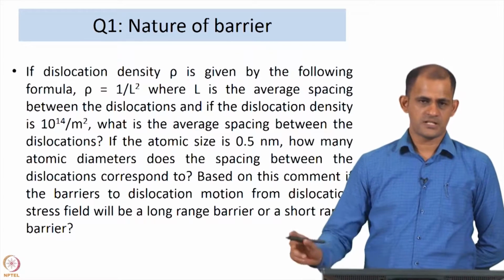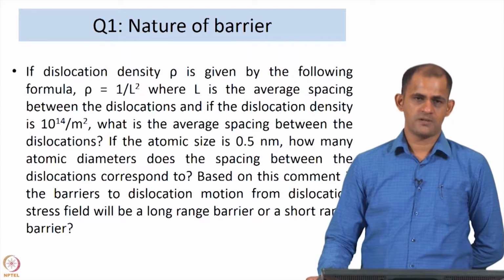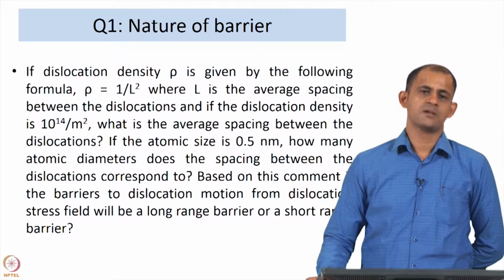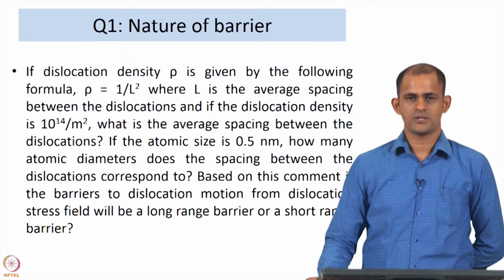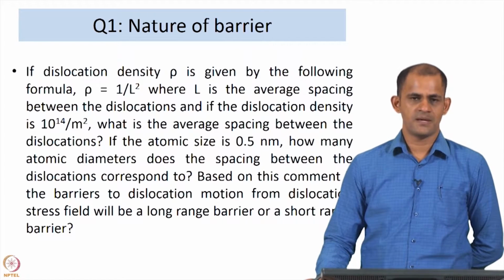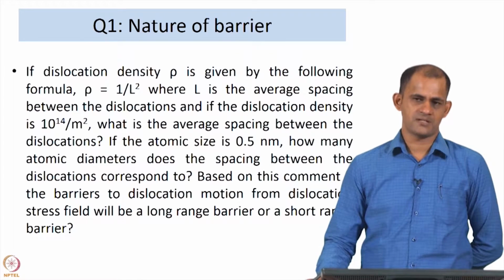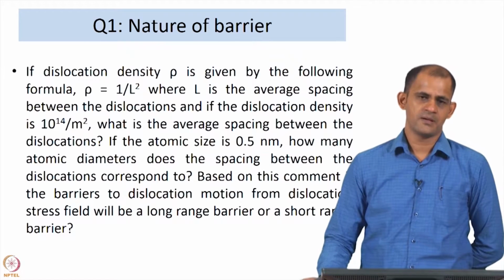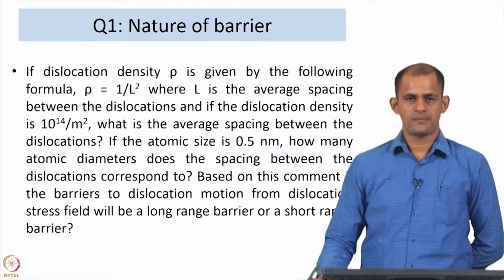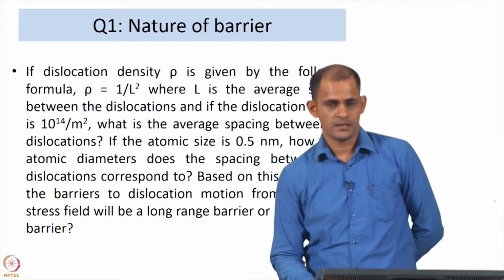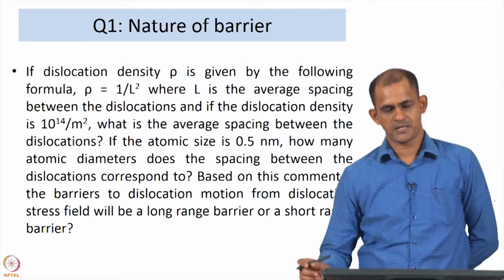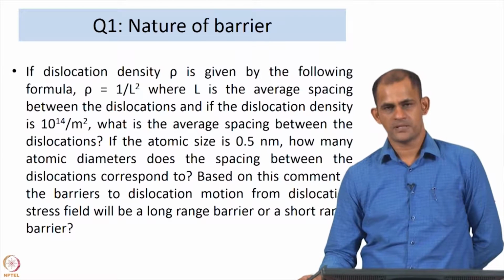Because the distance over which the dislocation will have to overcome is a few hundred diameters, that is why it is long range, and short range is maybe a few atomic diameters, say ranging between 1 to maybe 5 or so. Because the distance is so small, it can be easily overcome by temperature.